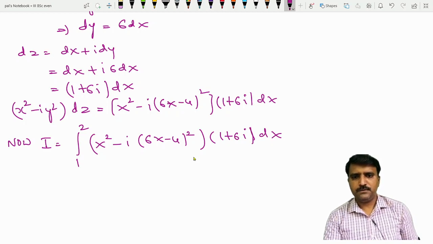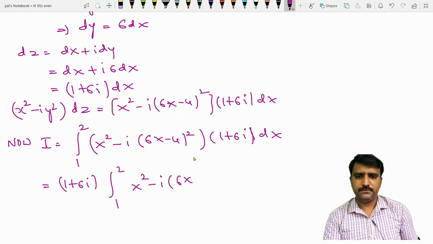Okay, you can take 1 plus 6i as a common factor outside the integration: 1 plus 6i, integration from 1 to 2, x square minus i into 6x minus 4 whole square into dx.